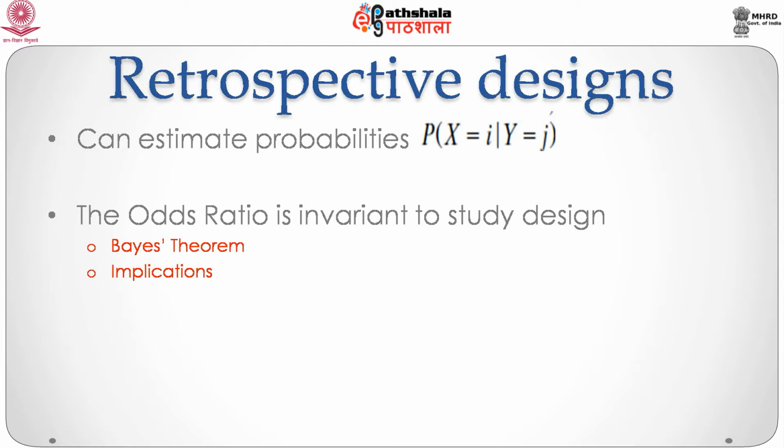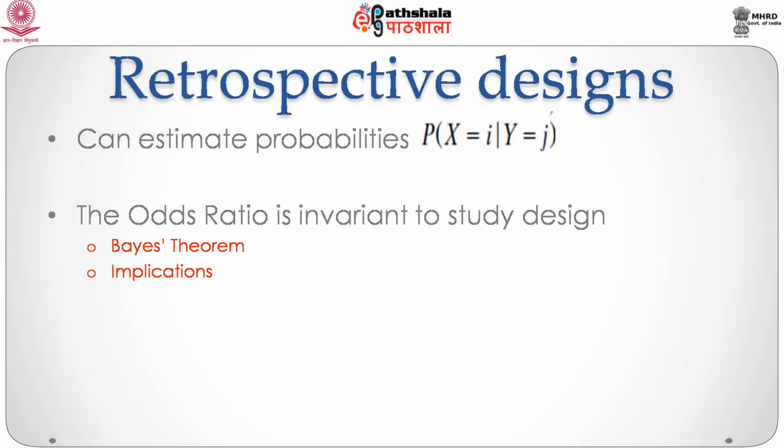However, because of the way I have sampled, which is from fixing the number of lung cancer patients and then looking at the distribution of smoking in the two groups, using our conventional notations of X and Y, I can say that it is possible to estimate the probabilities of probability X equal to i given Y equal to j, that is, to estimate the conditional probability of X given Y, in this case, smoking given lung cancer.